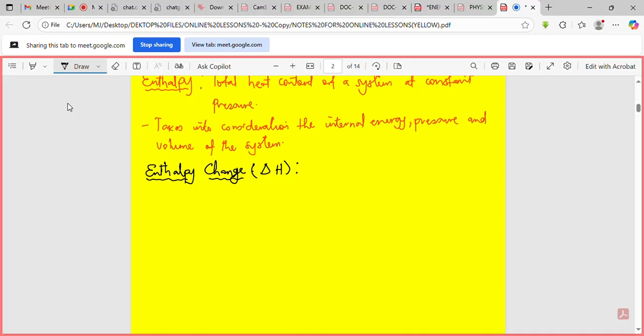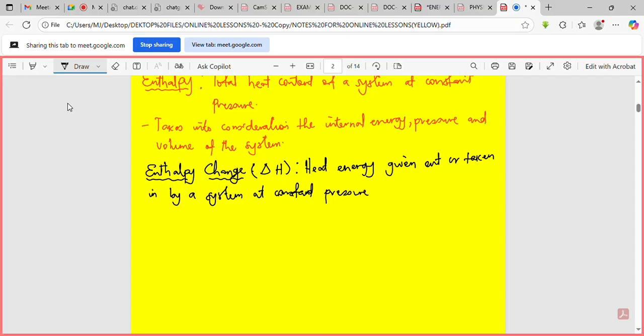So in simple terms, it is the heat energy given out or taken in by a system at constant pressure.